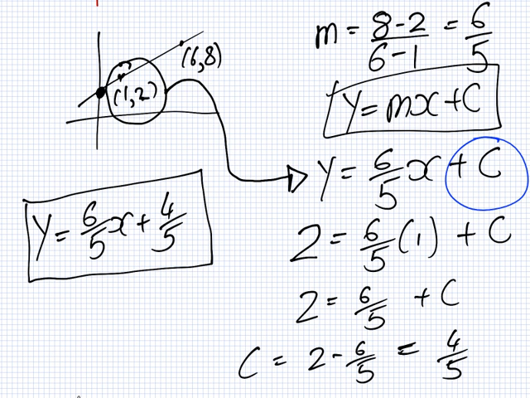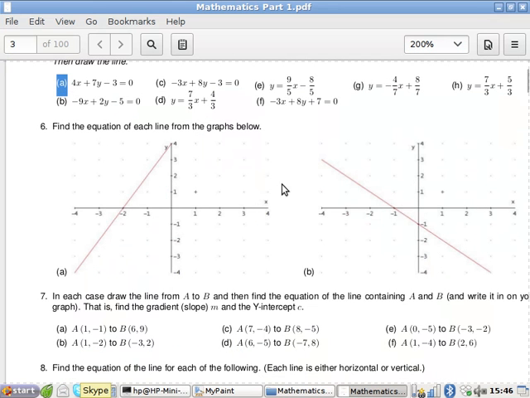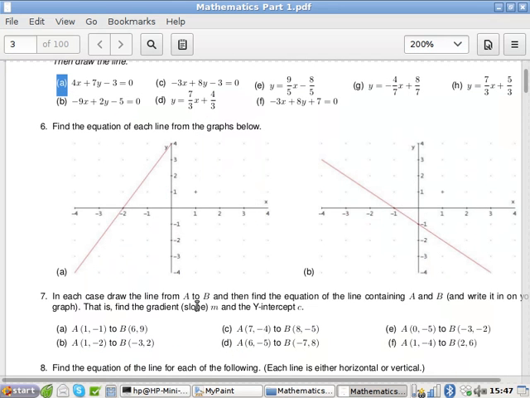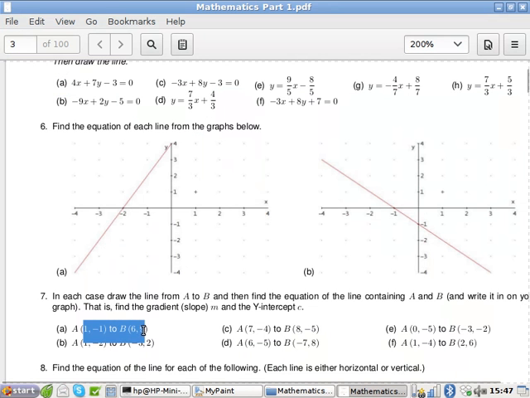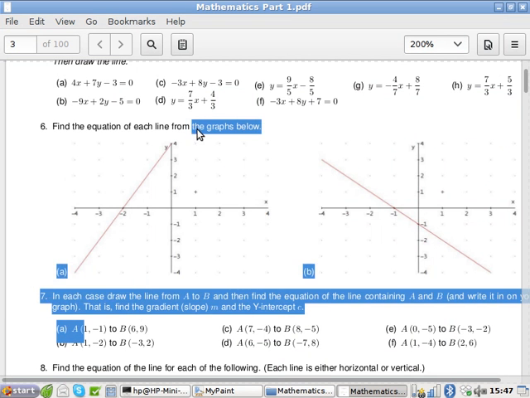Okay. Let's give you one to try now. Problems 6 and 7 are kind of the same, except in 7 I give you 2 points, but in 6 I don't give you 2 points, I give you a graph. But how could you find 2 points? Just read it from the graph.